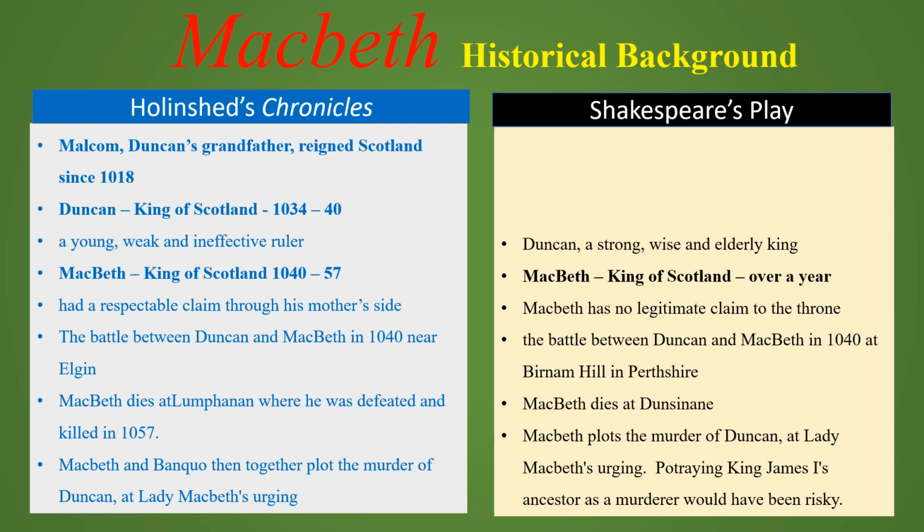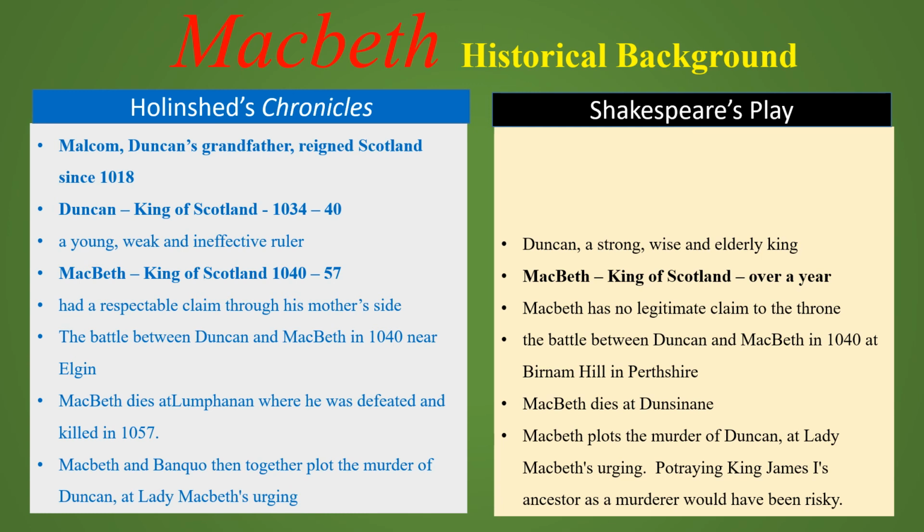Whereas in Shakespeare's play, we could see Duncan as an old, strong, and wise personality who is also very kind and compassionate to others. Macbeth ruled in Scotland from 1040 to 57, whereas Shakespeare portrayed him as a king who ruled over a year, not even over a year especially.